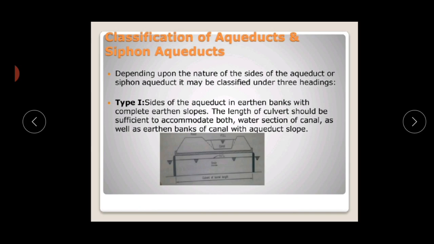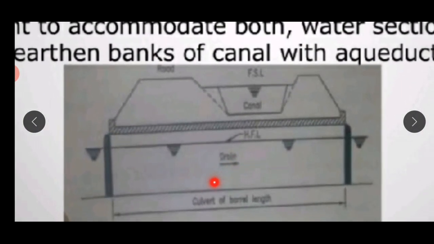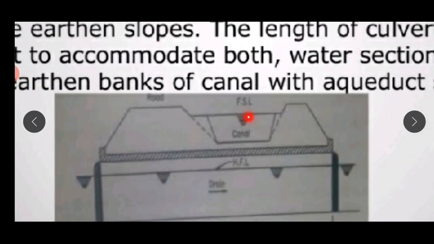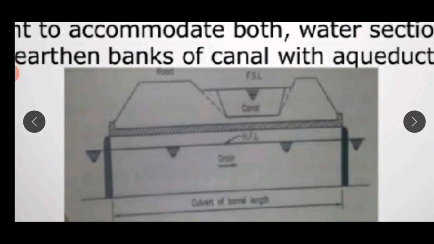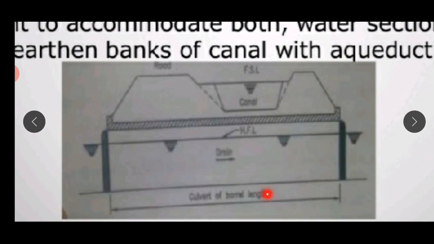In this diagram, though it might be a bit blurred, you can see this is your canal and this is the road, these two are the earthen banks, and this is a drain and this is a culvert.